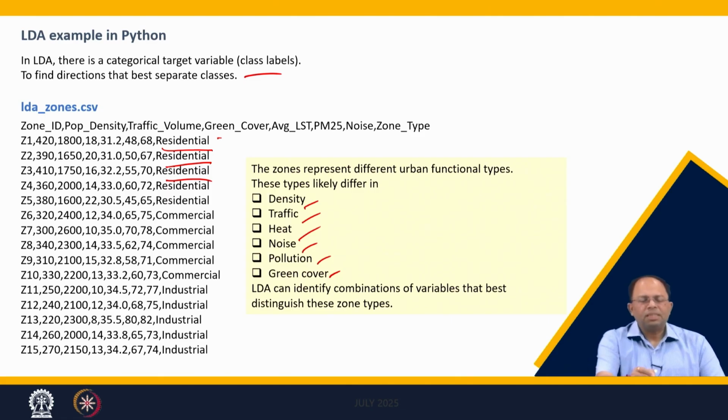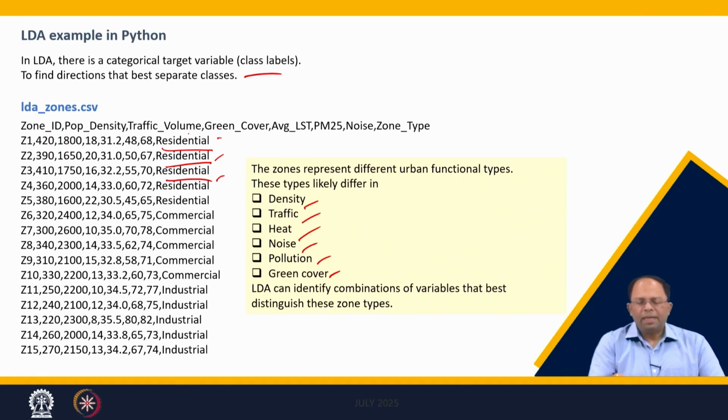This is the character of that particular area, the primary land use. These are the characteristics like density and traffic volume, the different features of that data set.